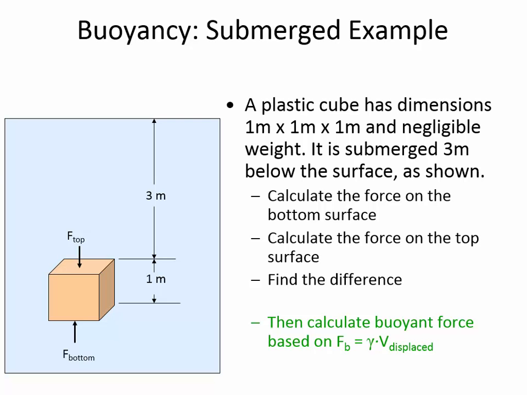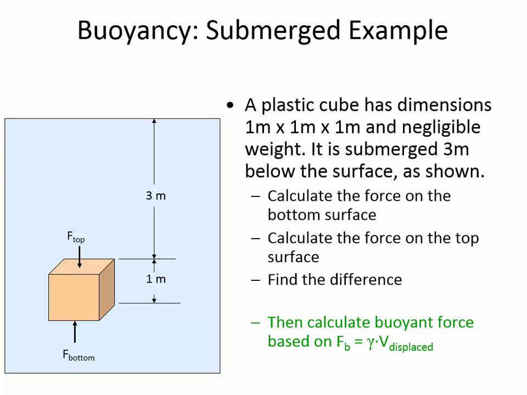So the force on the top is going to be the pressure at a depth of 3 meters multiplied by the area of the top of that cube. We've got 3 meters of water, so 9810 newtons per meter cubed, and the top area is 1 by 1, so 1 square meter.